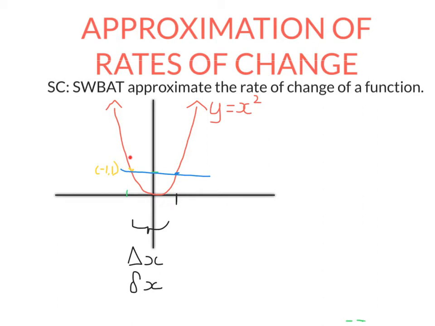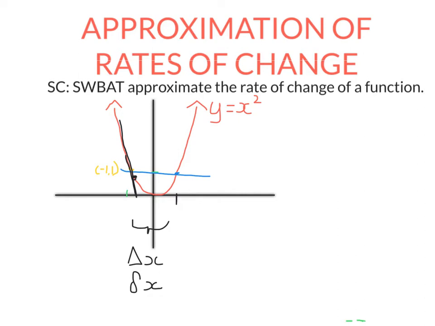So if I want to calculate the gradient of this function in this region here, I want the second point not to be over here, but probably around there. If I put it here, then I draw a secant. This secant here is much more representative of the curve. It's not perfect, but it does such a better job than the blue line.